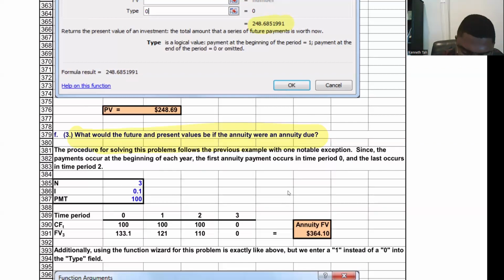So let's look at example number 3. It says, what will the future and present values be if the annuity were an ordinary annuity, or if it were an annuity due. So it's the same kind of problem if we are using the formula to calculate the present value. So this will be equal to present value, and it's going to ask for N, the number of periods, for I, the interest rate, for payment, and for future value.